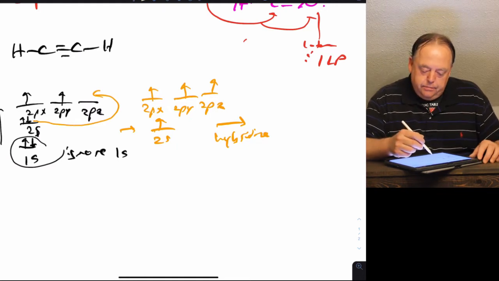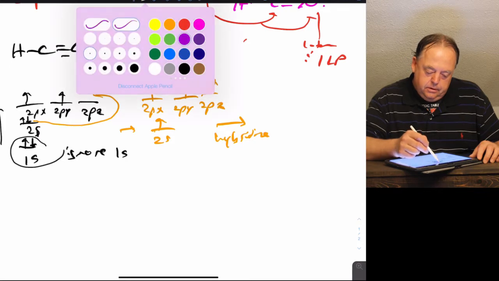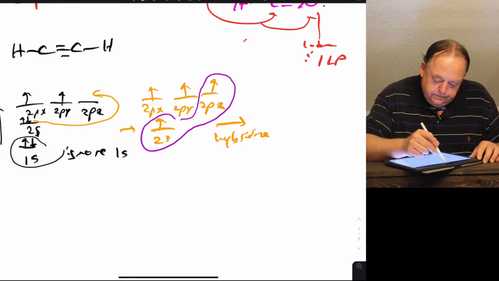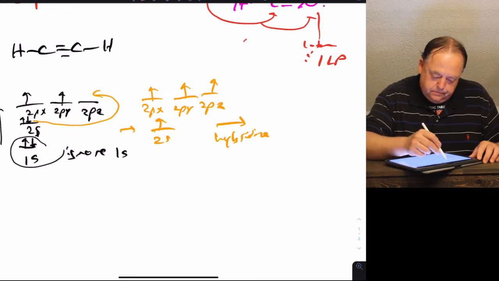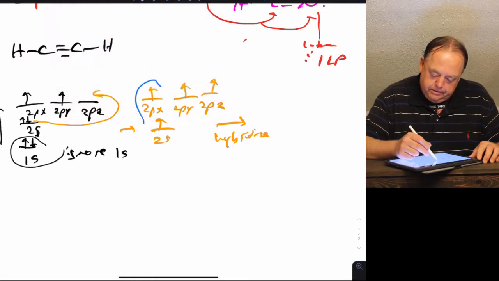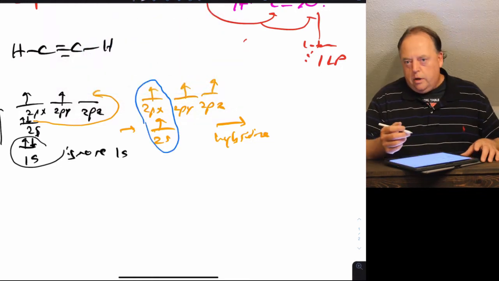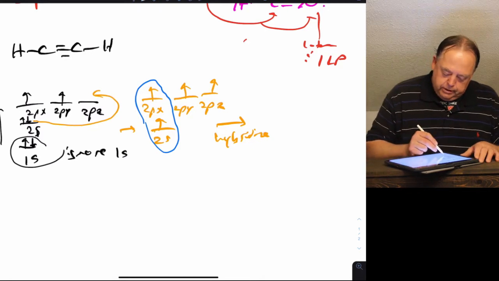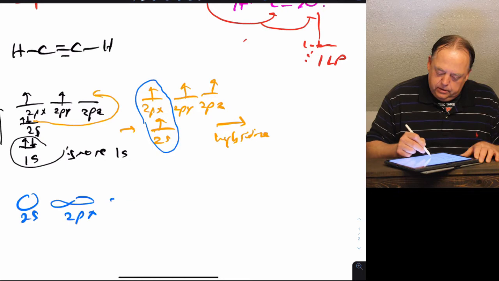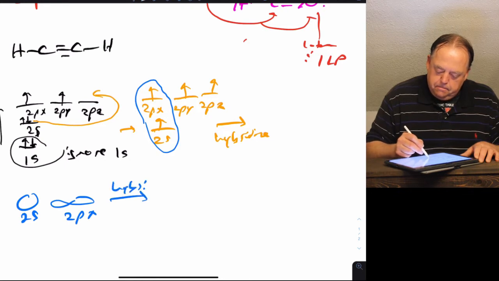But to make drawing easier, I find it easier to hybridize the 2px and leave the y and the z alone. So we're going to take the 2s, we're going to take 2px, and we're going to hybridize.